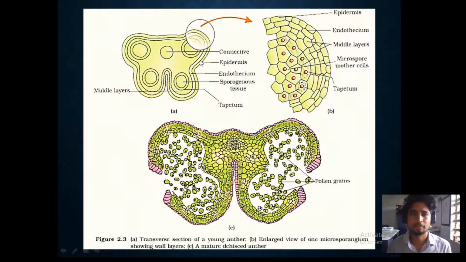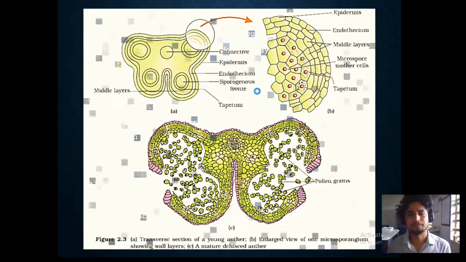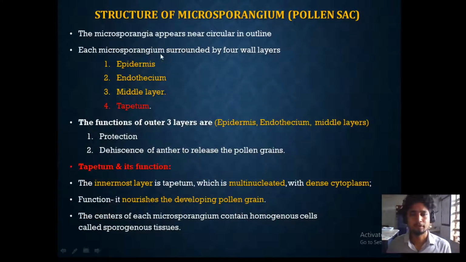If you see the transverse section of the anther here, it is tetragonal in structure, and these are the 4 microsporangia, 1, 2, 3 and 4, located at each corner, and each is nearly circular.